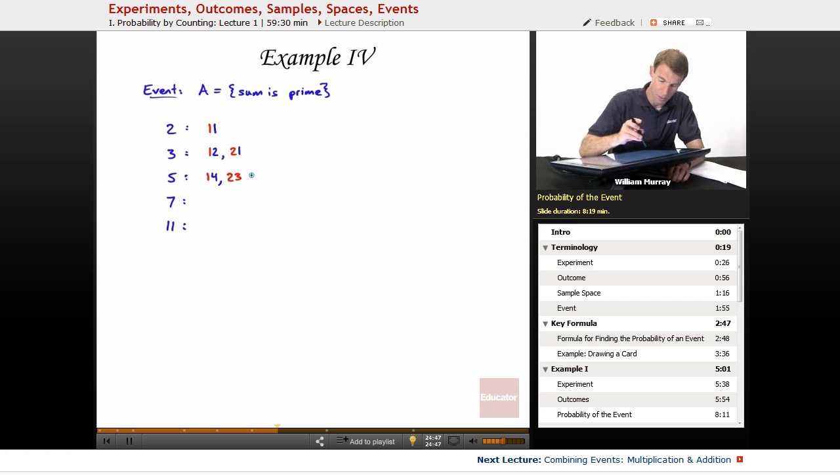Oops, that was supposed to be blue. Let me make that blue. Blue 3. I could roll a red 3, a blue 2, or I could roll a red 4, a blue 1. So there's 4 possible combinations that would add up to 5.